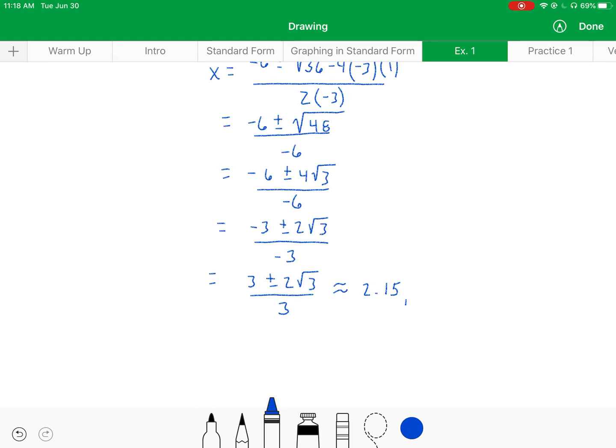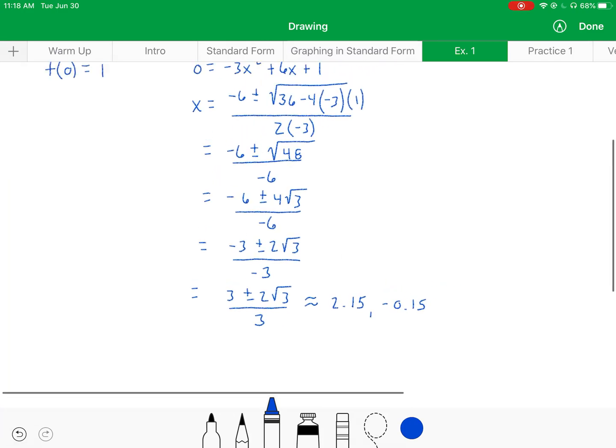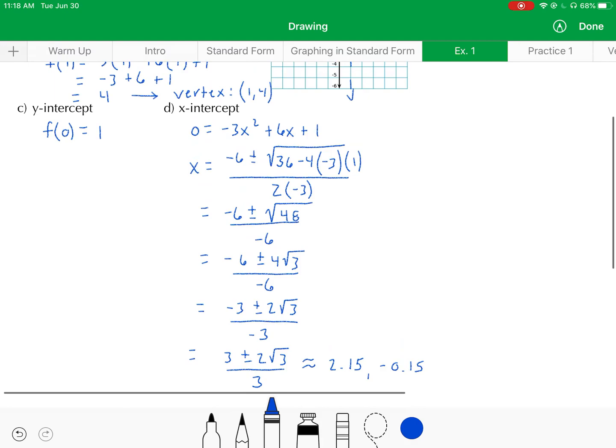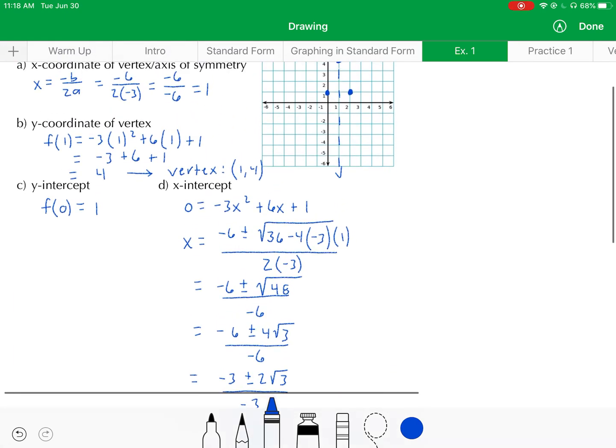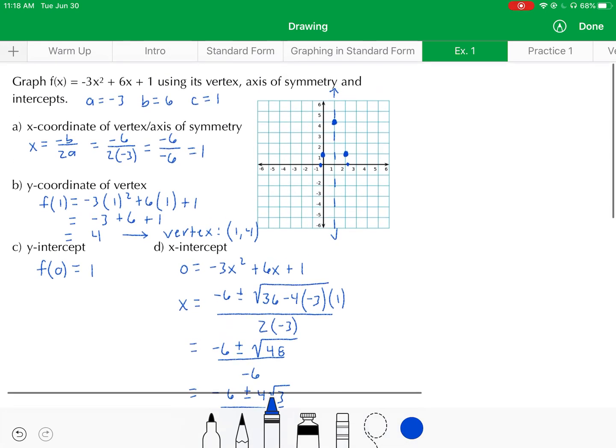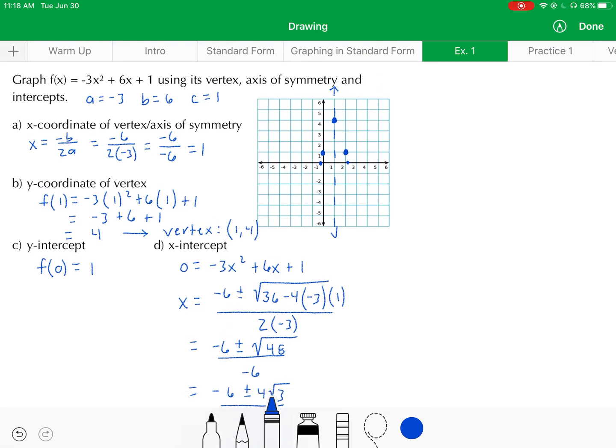And if I did 3 minus 2 radical 3, then divided that by 3, I would end up with approximately negative 0.15. So now we can just estimate the locations of our x-intercepts on our graph. Right there, right there. And here you have it.